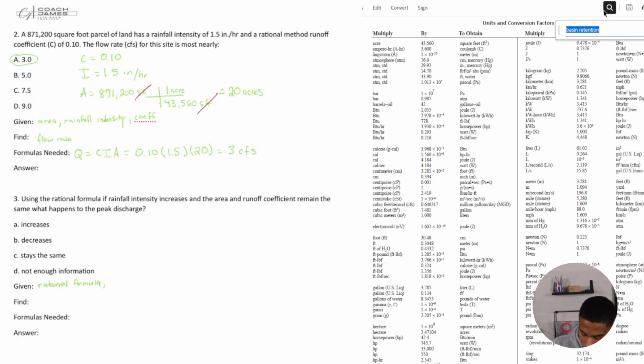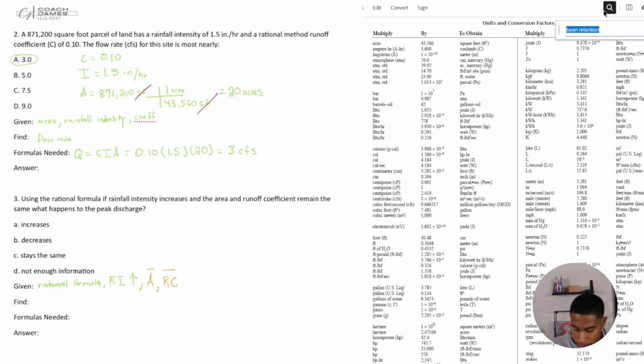My area, oh, can't write with yellow. My area stays the same, so flat, and the runoff coefficient stays the same.